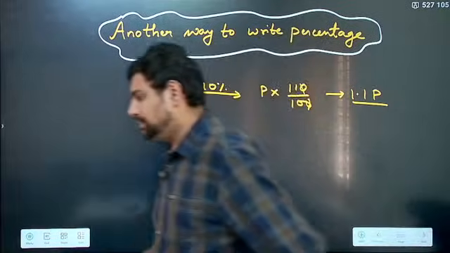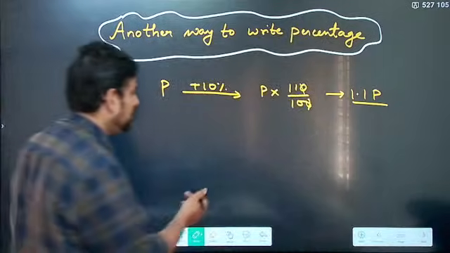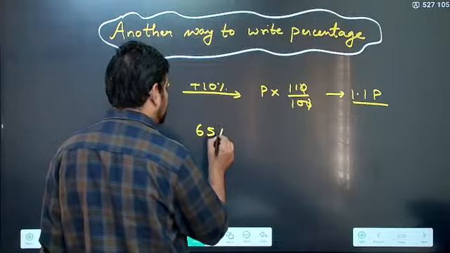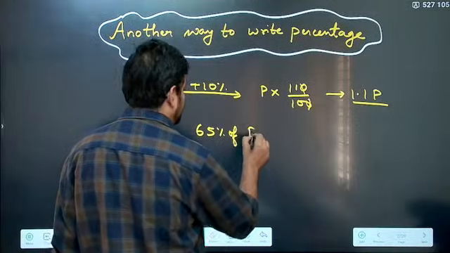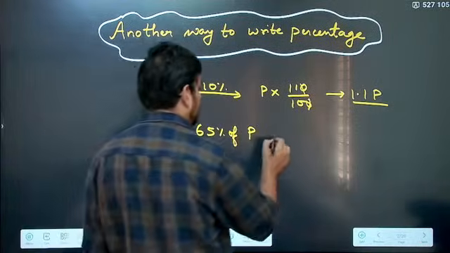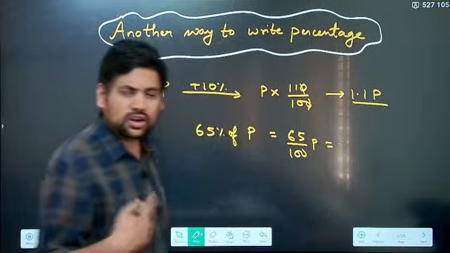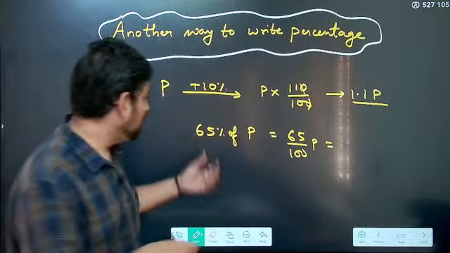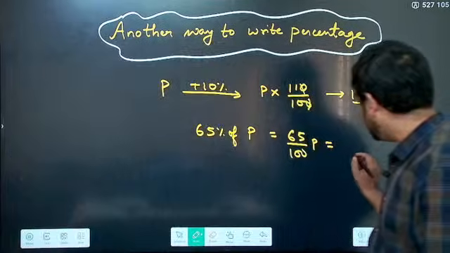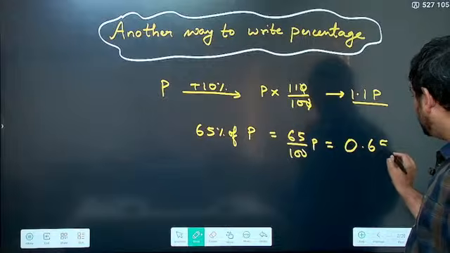For example, if I ask you 65% of, let's say, p, then one way is writing 65% of p like this, or you can also write it as 0.65, because again you will divide by 100, so this becomes 0.65 p.